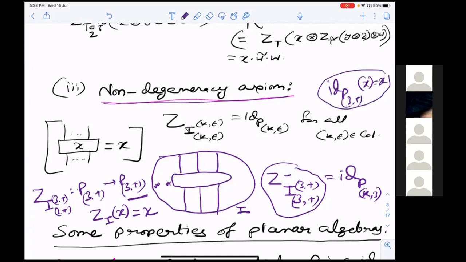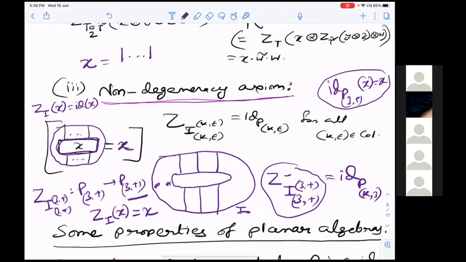So this is basically saying that X in a vector space, we can draw like this. That does not matter because of non-degeneracy, because this is the identity tangle, right? And Z_I of X is nothing but identity of X. So this is the meaning of that X in any vector space. Planar algebra means various vector spaces. So any element of the vector space, suppose this is an element of P_k^ε, can be written in a planar algebra.